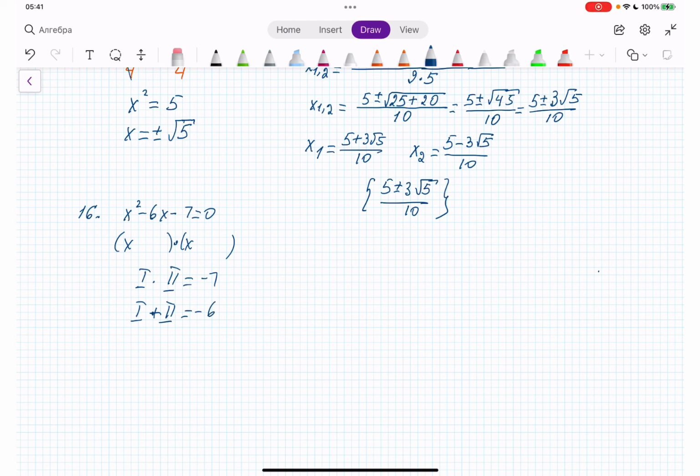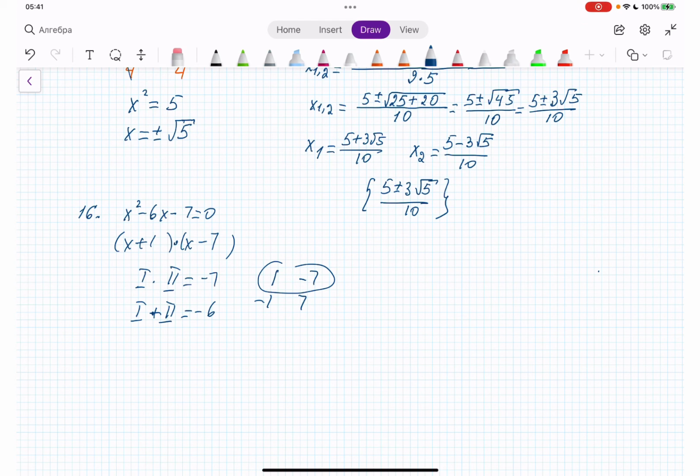So I'm guessing. For negative 7, what do we have? It's going to be either 1 and negative 7 or negative 1 and positive 7, right? Because it's multiplication. 1 times negative 7 is negative 7. Negative 1 times 7 is still negative 7. But which one, when I add, will give me negative 6? This one. So therefore, plus 1 and negative 7.